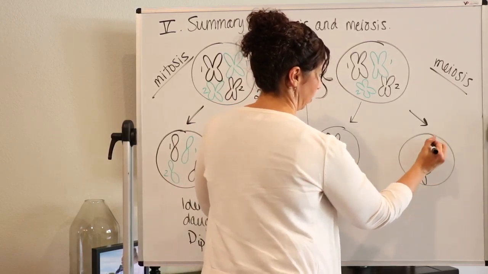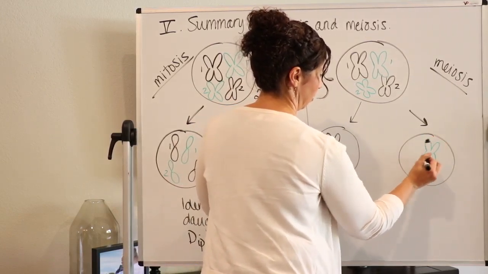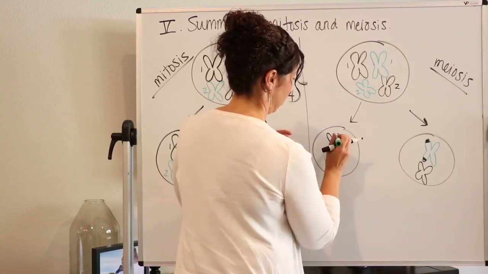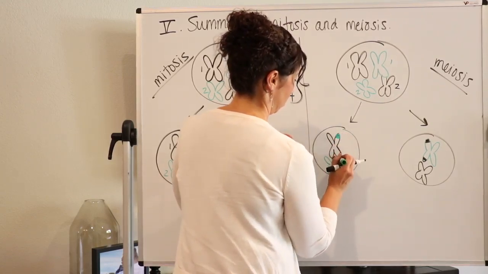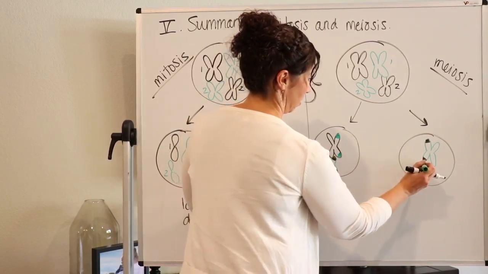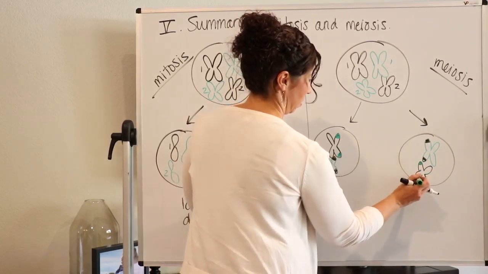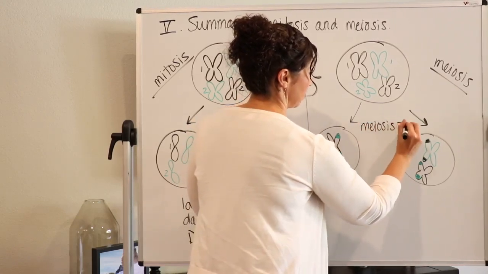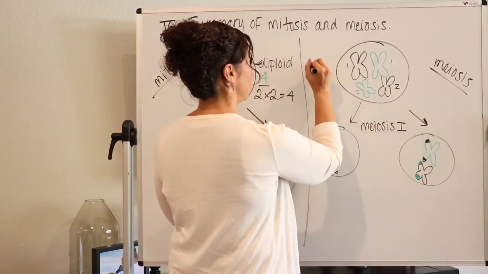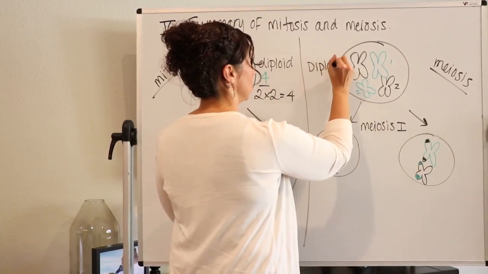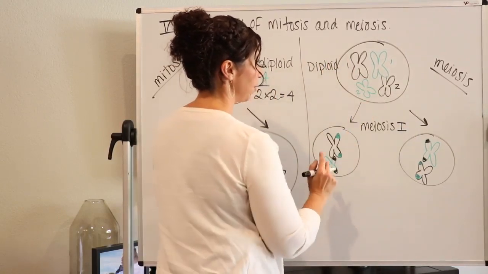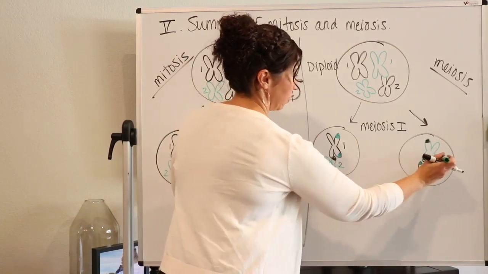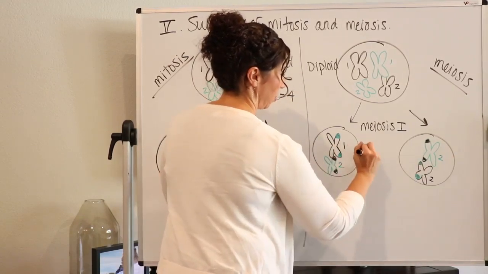And remember, they start exchanging genetic material. And so this would be meiosis 1. And you went from diploid, because I had 2 copies of each chromosome, and now I only have 1 copy of each chromosome. So now I am haploid.